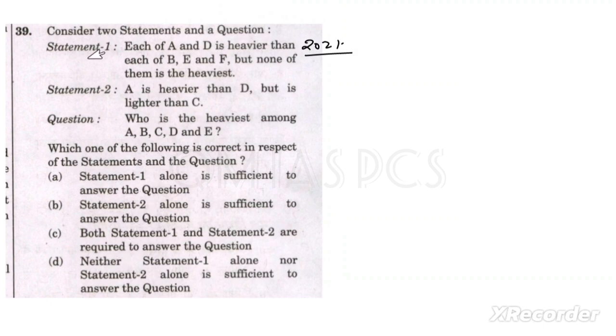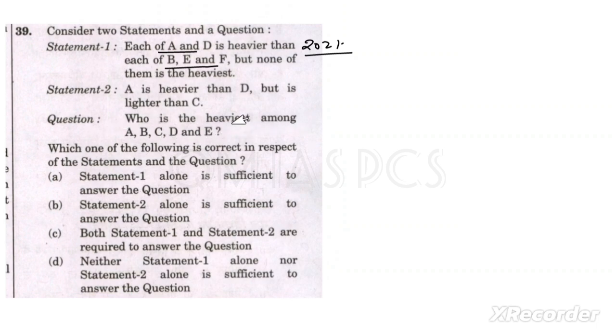Okay, statement 1 is each of A and D is heavier than each of B, E and F, but none of them is the heaviest, right? Okay, next one is A is heavier than D but lighter than C, and the question is who is the heaviest among A, B, C, D, E.